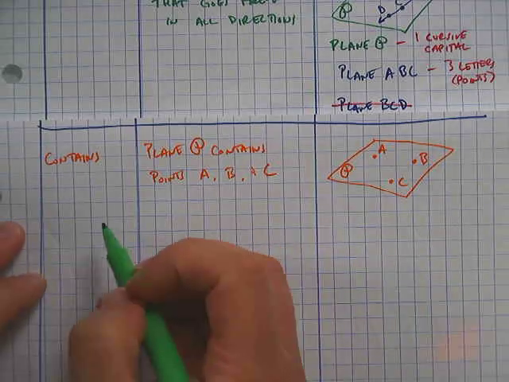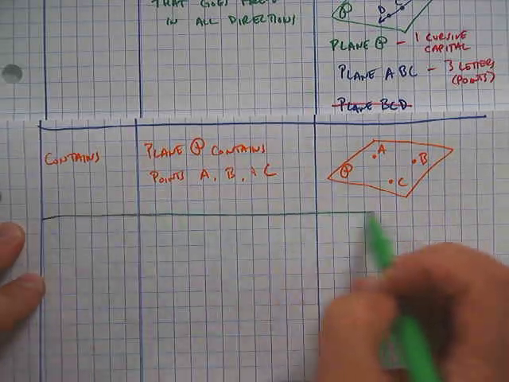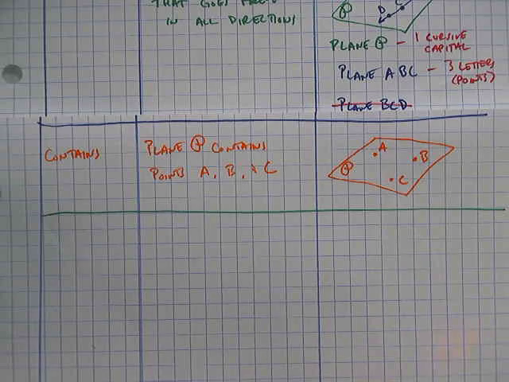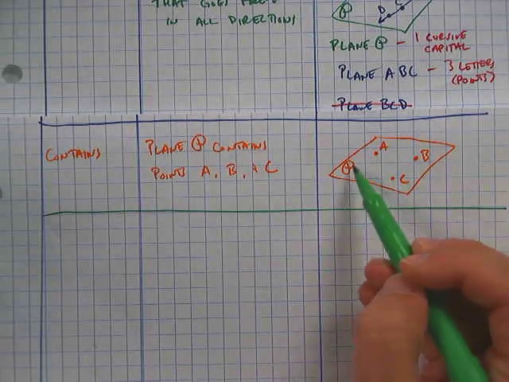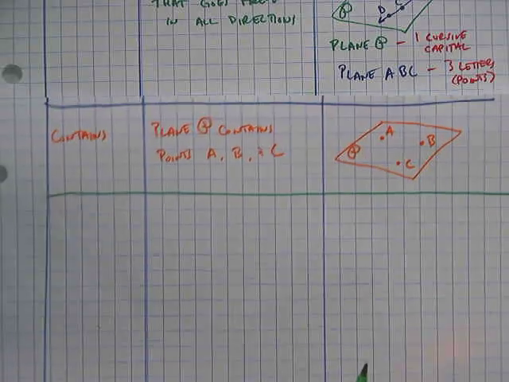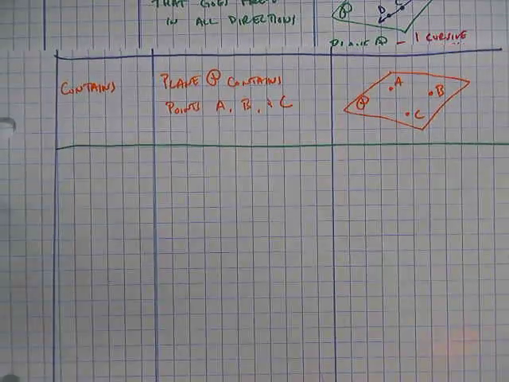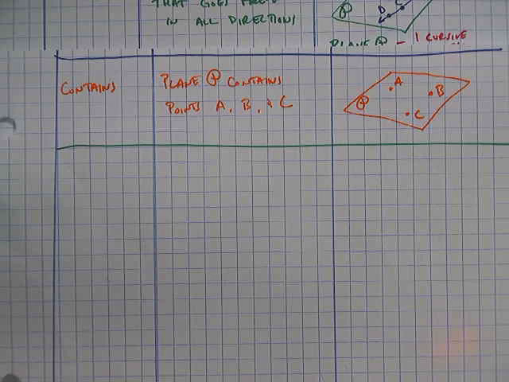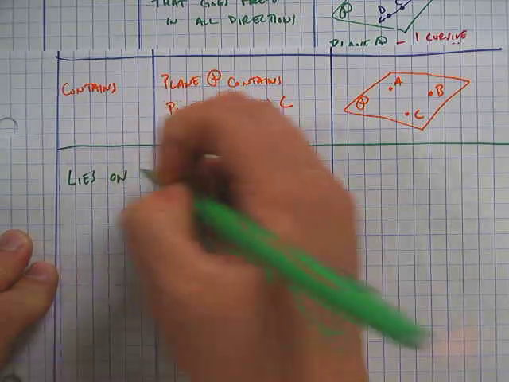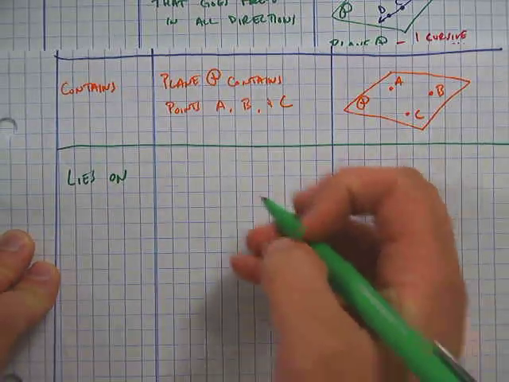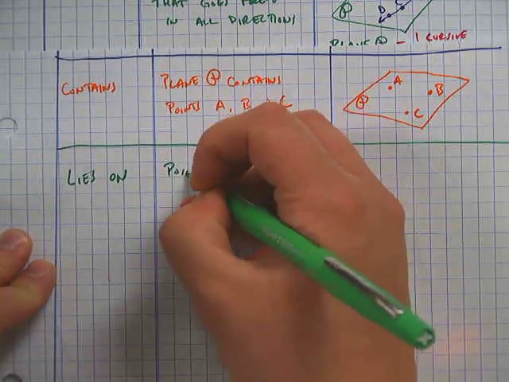I could have plane P, and then somewhere on plane P we have points A, B, and C. Okay, so that would be the word contains. So that just tells me about the relationship between where things are. So it tells me that this plane has points on it.